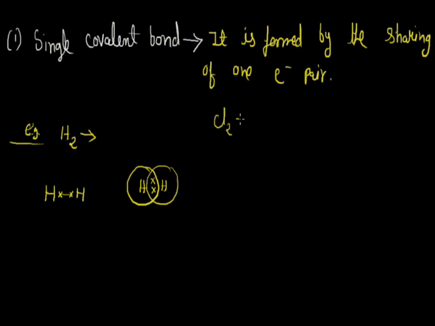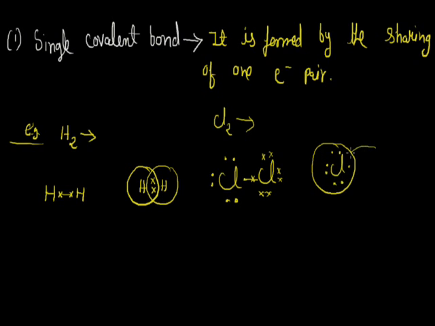In Cl2, each Cl has 7 electrons in the last orbit. This Cl and another Cl share 1 electron, and this is the diagram.